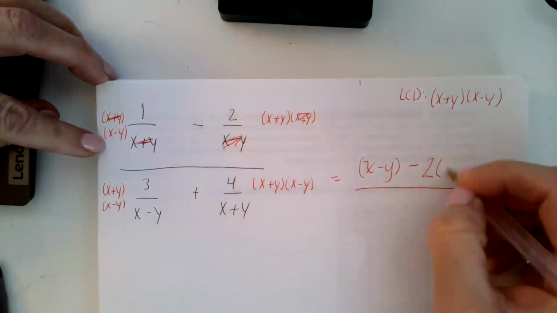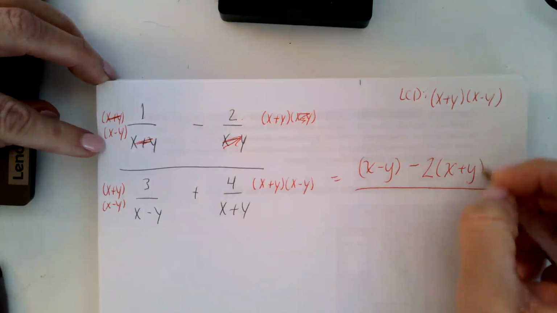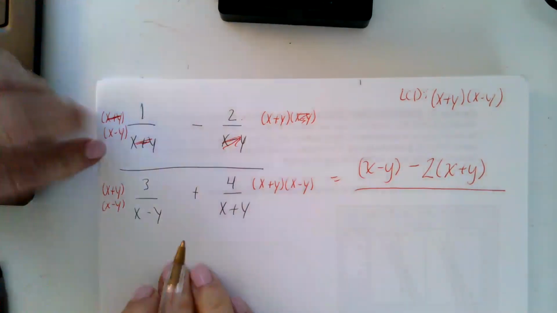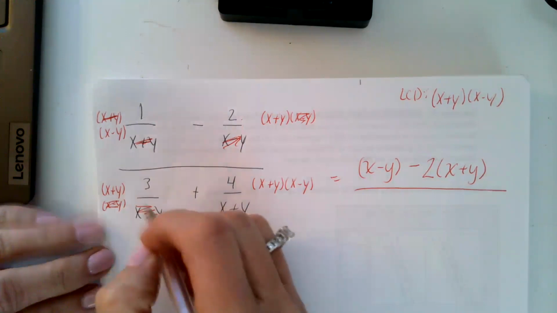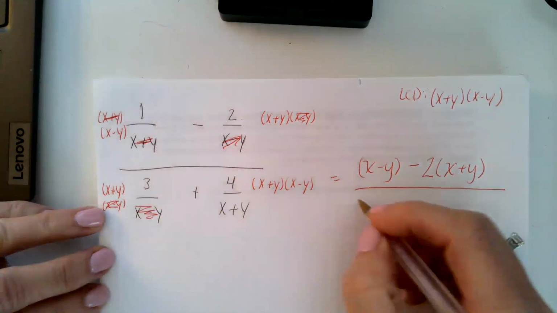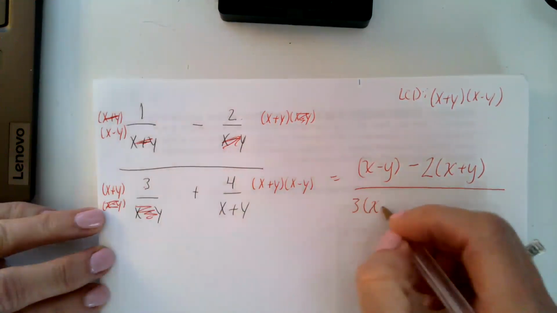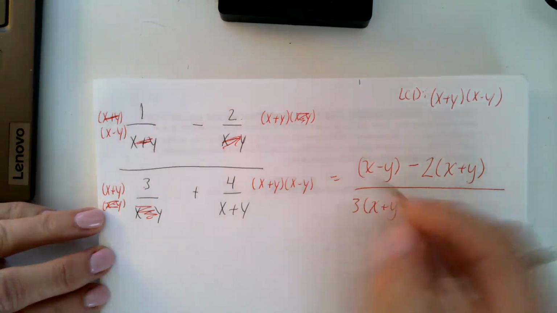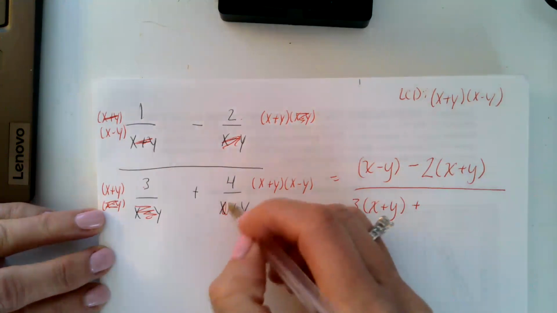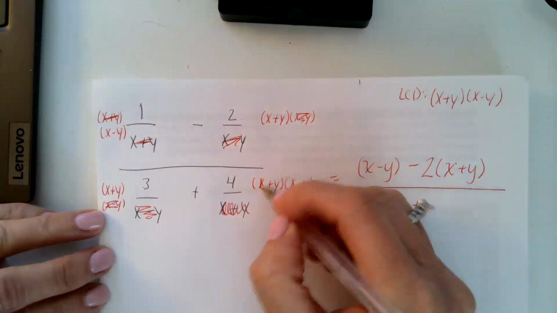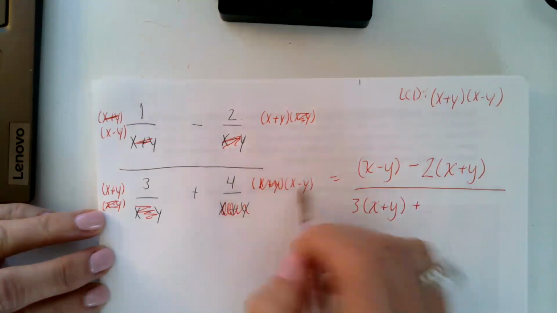So I'm just going to write it as 2 times x plus y. And then in the bottom left, my x minus y's cancel. And I have 3 times x plus y. So I'm just going to write that for now. Plus in the bottom right fraction, the x plus y is canceled. So we're left with 4 times x minus y.